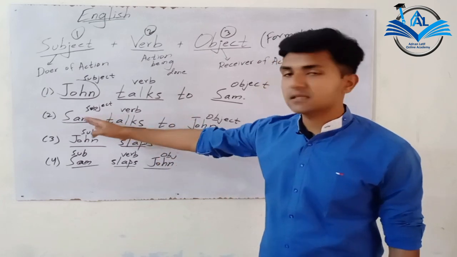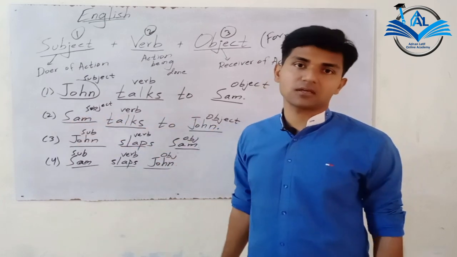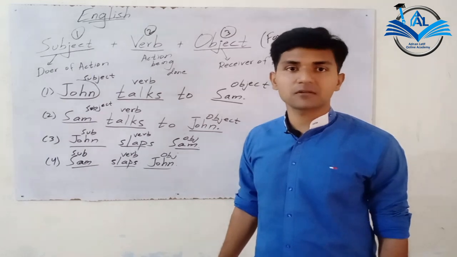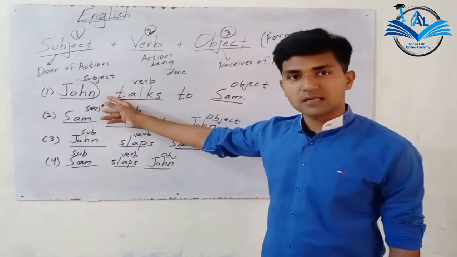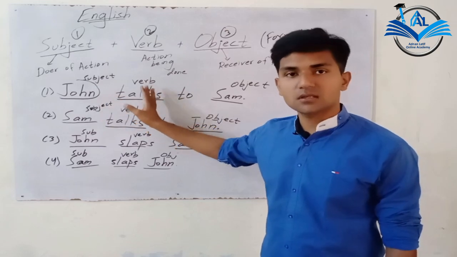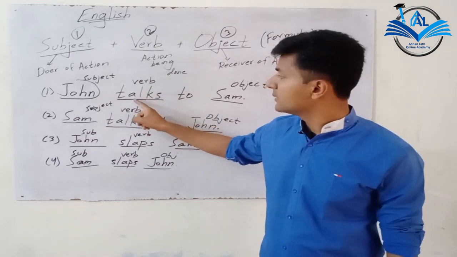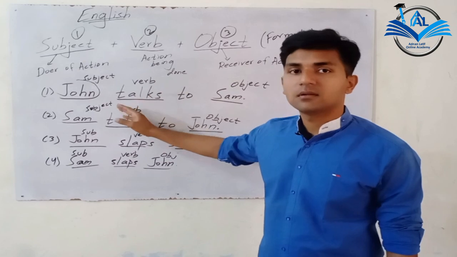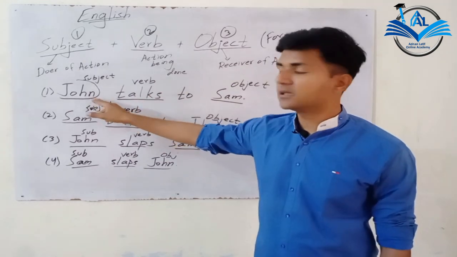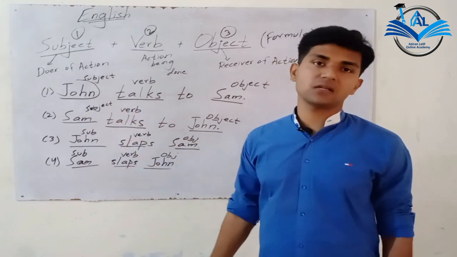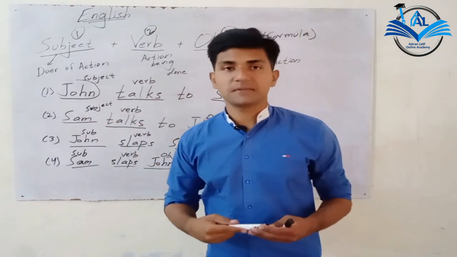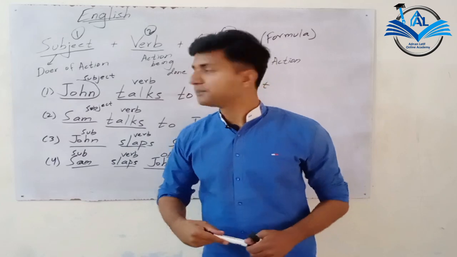Because in the second sentence Sam is talking to John and John is being talked to. But in both these sentences the situation is the same because both are talking, their action is the same. Here John is talking and here Sam is talking. So this is the difference between subject and object.